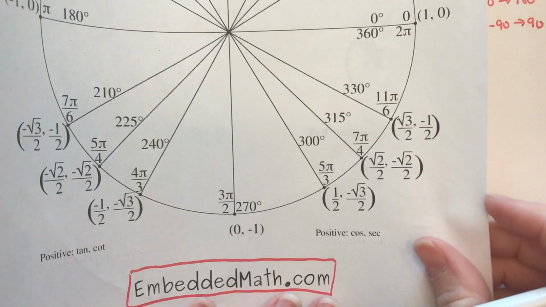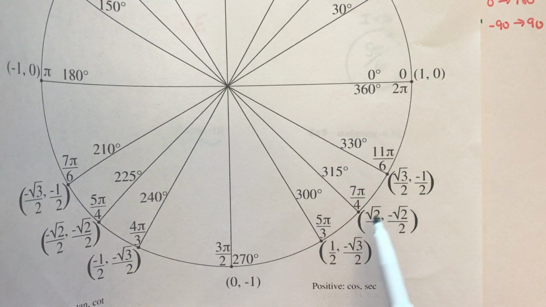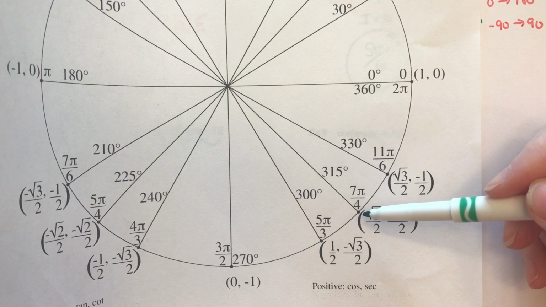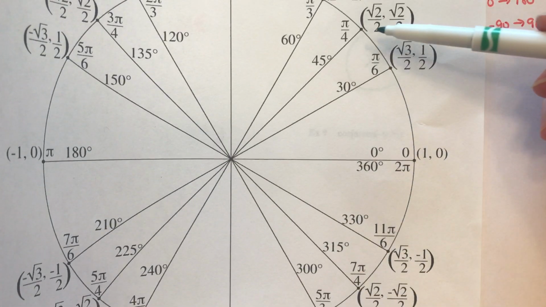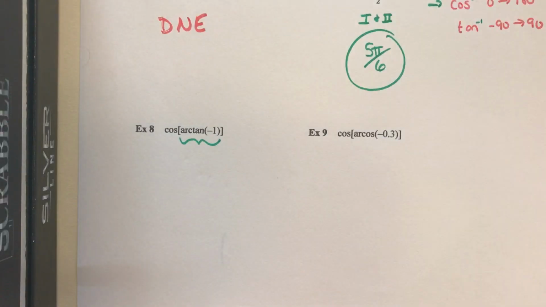So I'm going to get my chart out here. Negative, it's got to be down here. So sine over cosine, the only spot where I would get a 1 would be where they're the same, and here it's -1. Now I don't want to use 7 pi over 4 because that's not an angle between -90 and 90. So instead of writing it as 7 pi over 4, it's in the same spot as pi over 4. So I'm going to write it as -pi over 4.